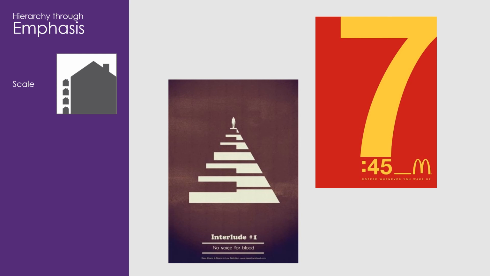There's a giant 7 and your eye kind of falls down the tail of the 7 to read the rest of the communication. Similarly, the poster on the left with the keys has a very large shape, and your eye follows that shape up and down to view the rest of the communication. So scale.